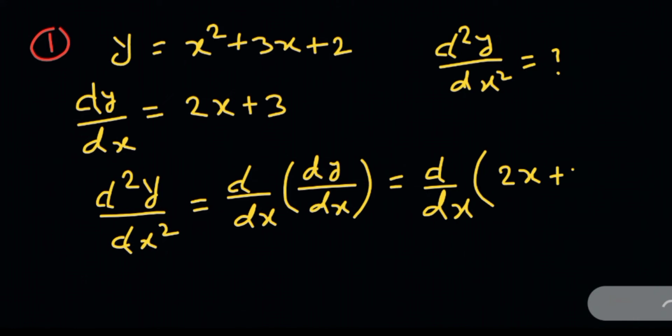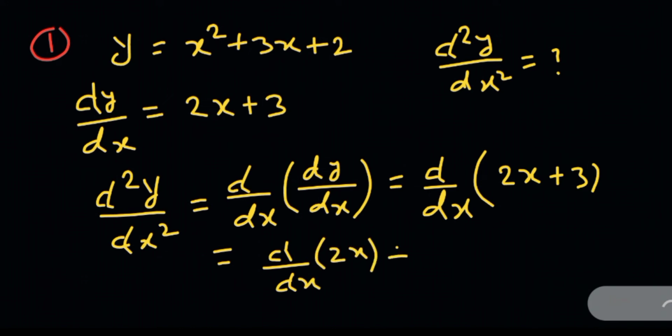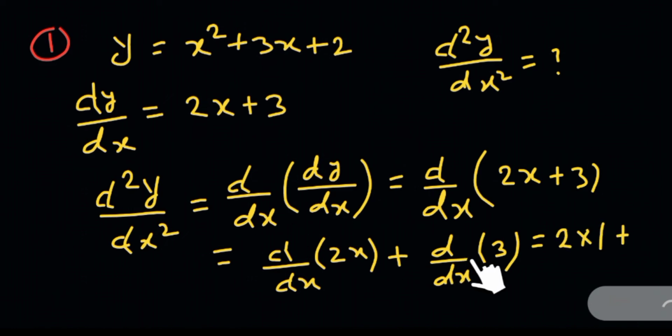In the same way I will apply the algebra of derivative: derivative of the first term plus derivative of the second term. The derivative of 2x will be 2, since the derivative of x is 1, plus the derivative of 3. 3 is a constant, so its derivative will be 0.